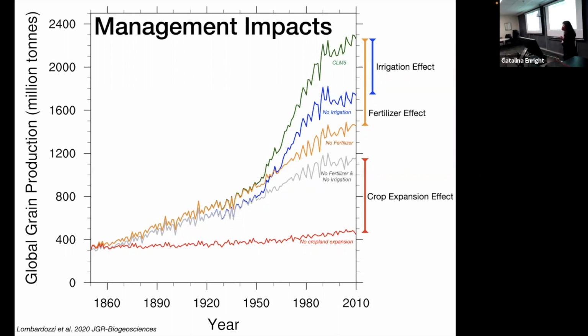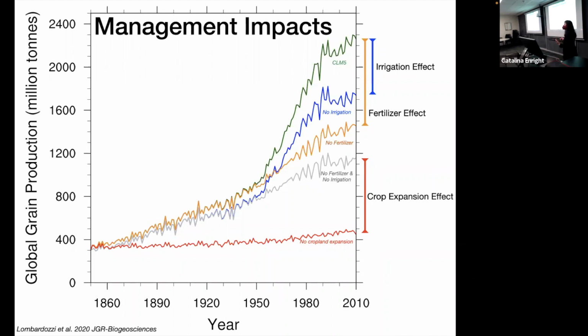We can also infer a bit of effect from climate change, including warmer temperatures and carbon dioxide concentrations, by looking at this simulation that held crop area constant from the beginning to the end. And you can see that the impact of CO2 fertilization and temperature change is relatively small.